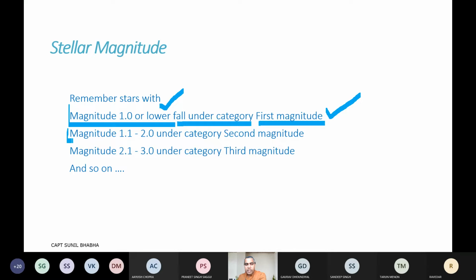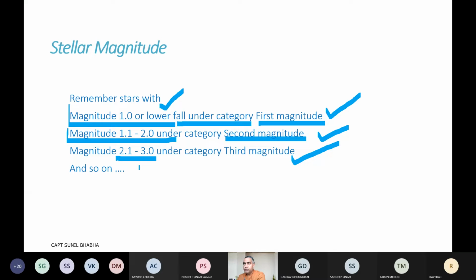Then a star having a magnitude greater than 1.0, that means 1.1 up to 2.0 falls under the category of second magnitude star. And 2.1 to 3.0 falls under the category of third magnitude, and so on.